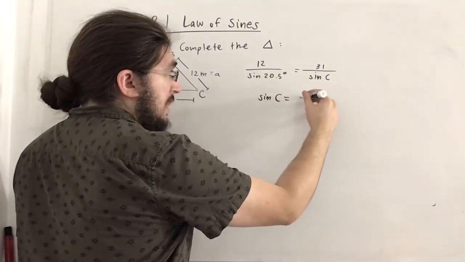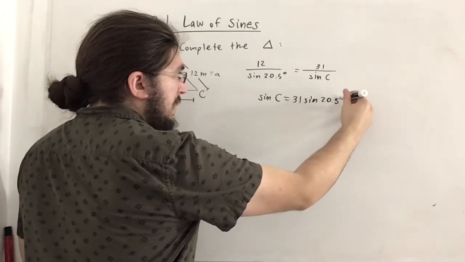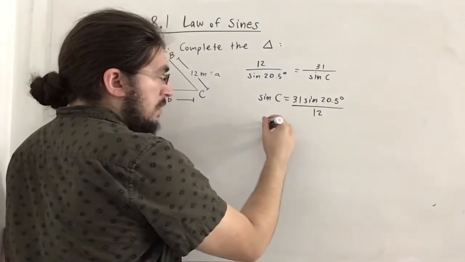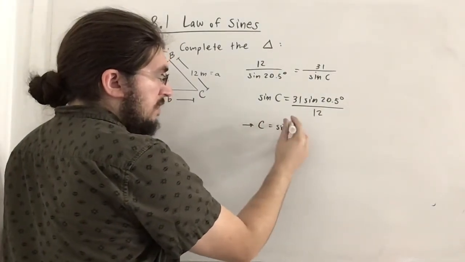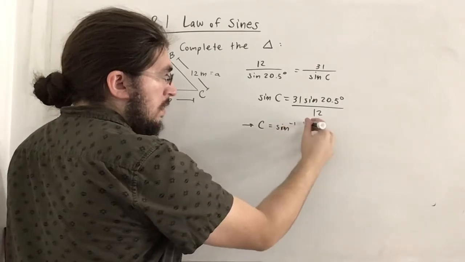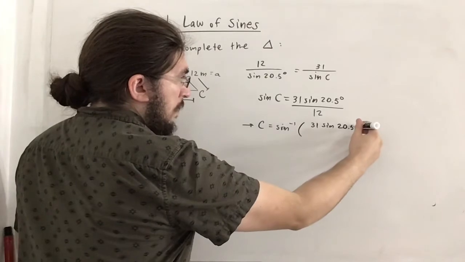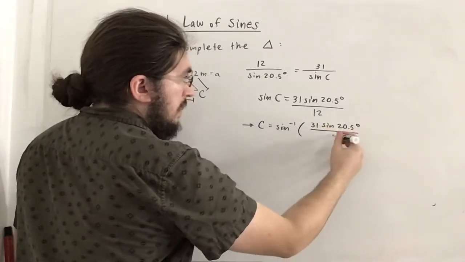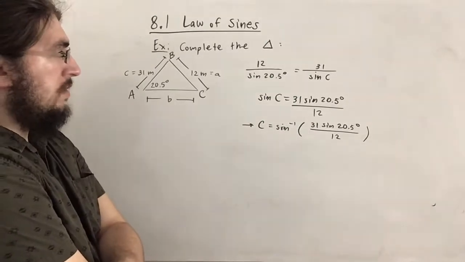So we get sine of C is equal to 31 sine of 20.5 degrees, and then divide by 12. And of course, C then, as we've seen before, is just sine inverse of this value, of 31 sine of 20.5 degrees over 12. Let me make sure that sounds okay.